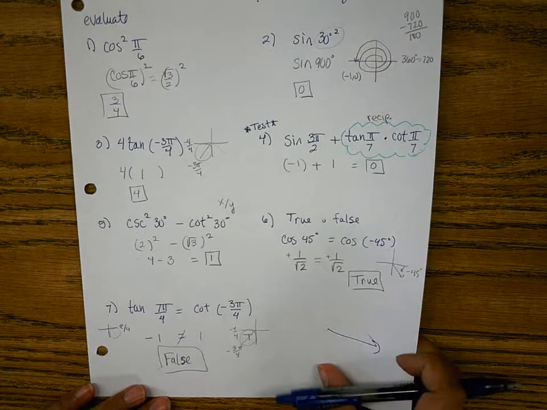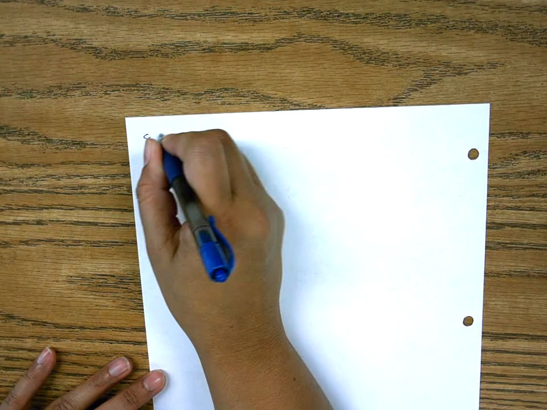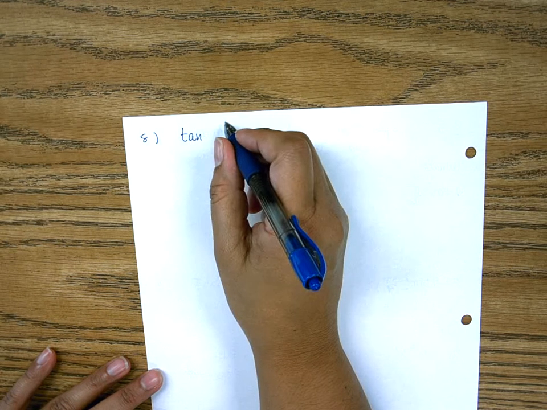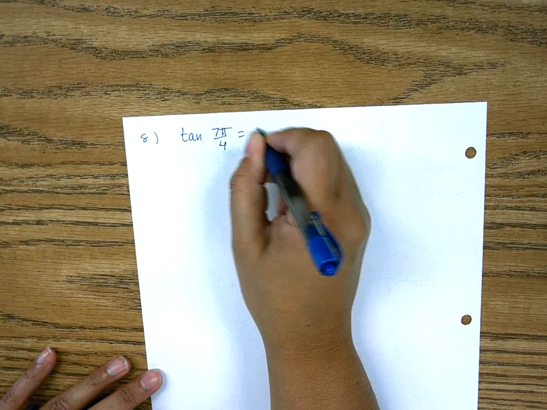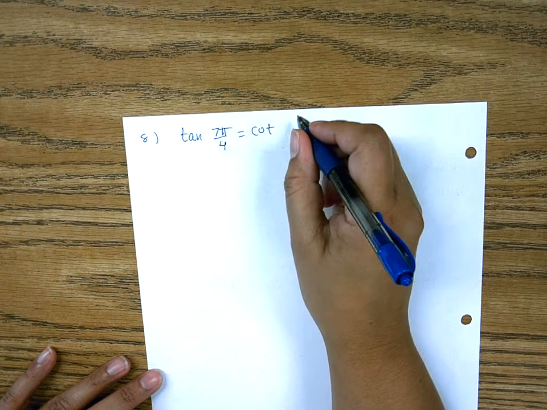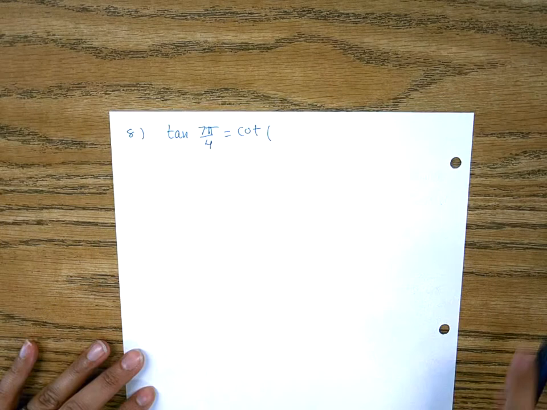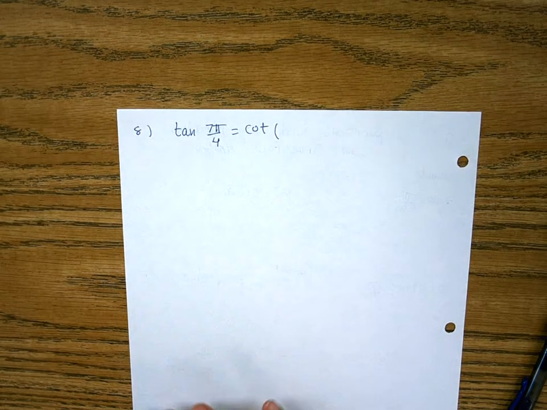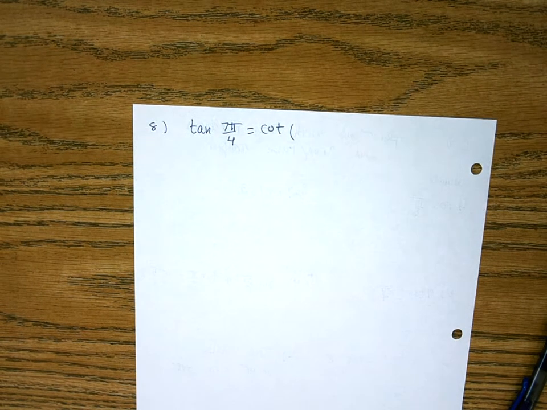Okay, I'm going to do number 8 on the back, only because it's going to take me a little more space than what I have right there. Okay. Number 8. Tan of 7 pi over 4 equals cotangent of, nope, I'm sorry, is that the one I just did? It is, I apologize. Number 8 is sine of 178.